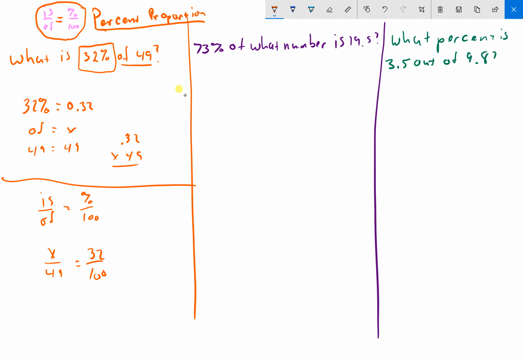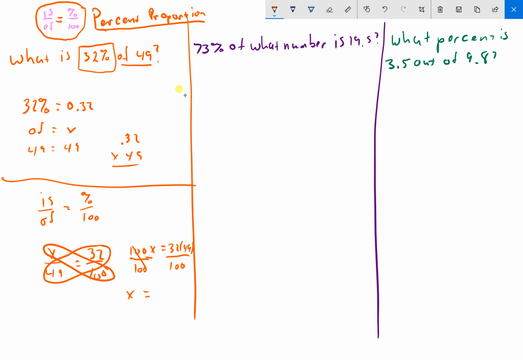So if I now cross multiply, I'll get 100x equals 32 times 49. I want to point out, if I were to divide right now, normally you would multiply first. But if I were to divide right now by 100, and you don't have to, I'm just doing it to prove a point, what would happen is 100 goes into 100x once, so 1x.